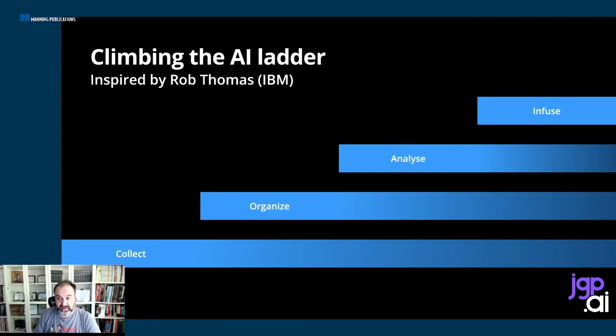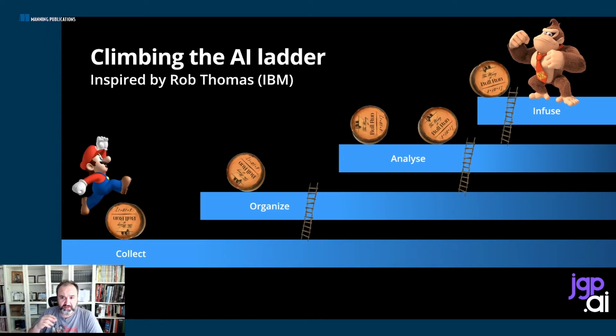And there's always something with ladders. When I think about ladders, I cannot help thinking about Donkey Kong, avoiding things. Climbing the AI ladder is a bit like that as well, where you've got ambushes and things like that. So it's really about being careful and climbing this ladder, avoiding the pitfalls.